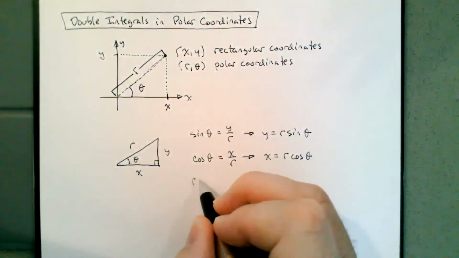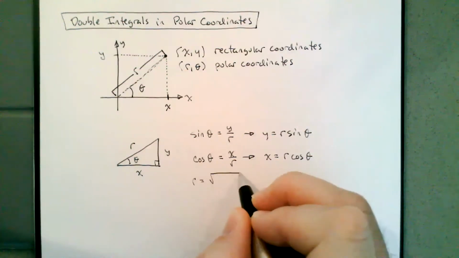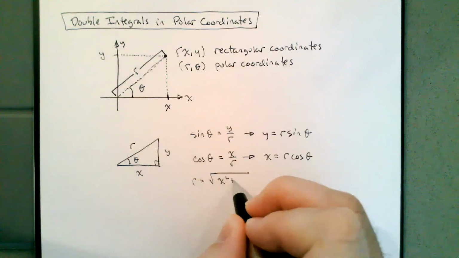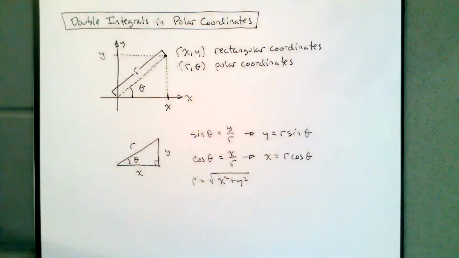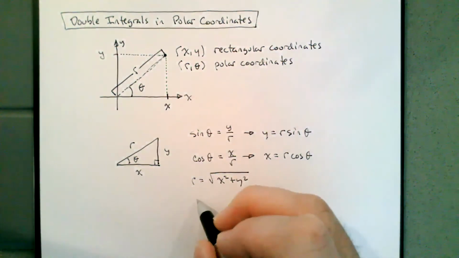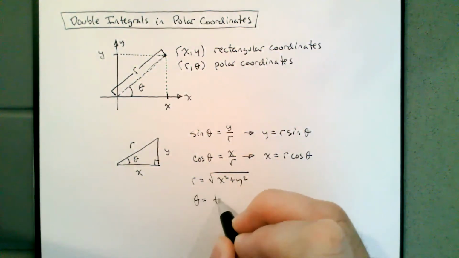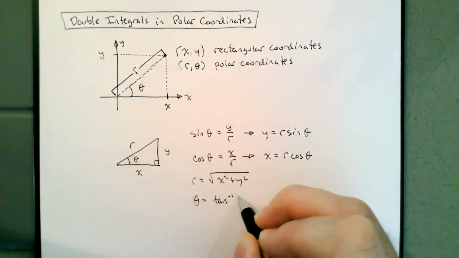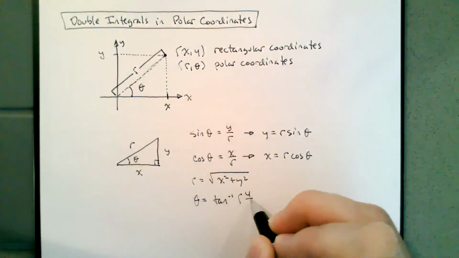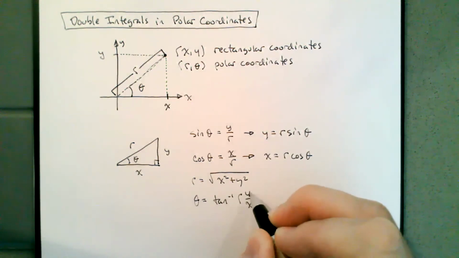So r is the square root of x squared plus y squared. And then if I need a relationship between theta, x and y, since y is opposite and x is adjacent, I can use the tangent. So theta is the tangent inverse of y over x.